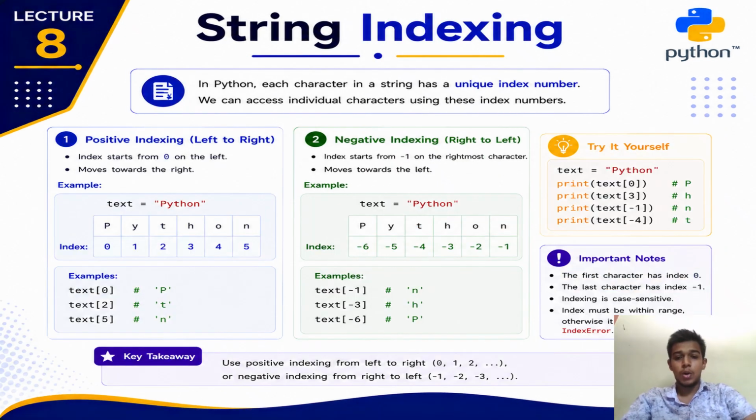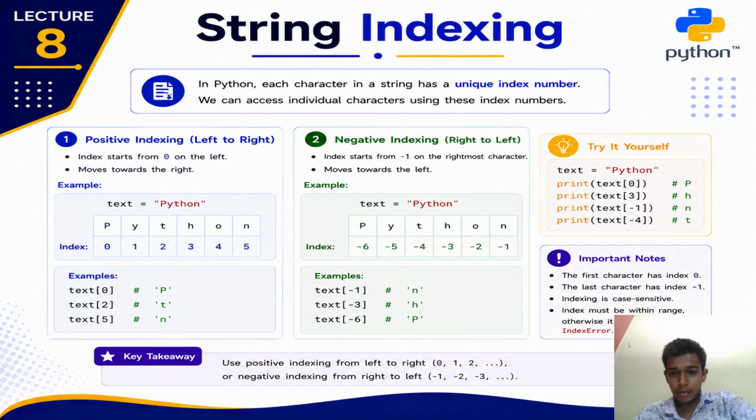Now let's talk about one of the most important concepts in strings, which is string indexing. In Python, every character inside a string has its own index number. Using this index number, we can access any individual character from the string.